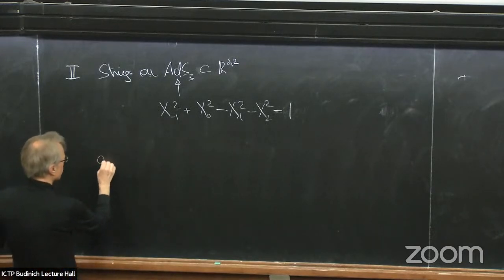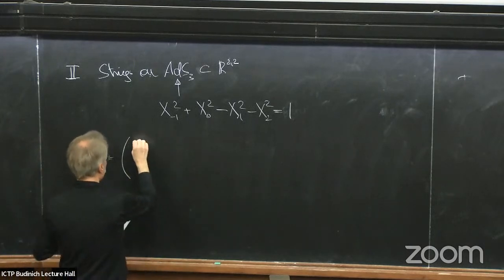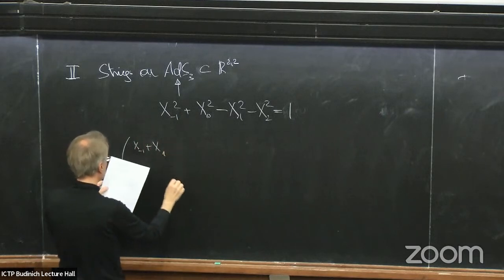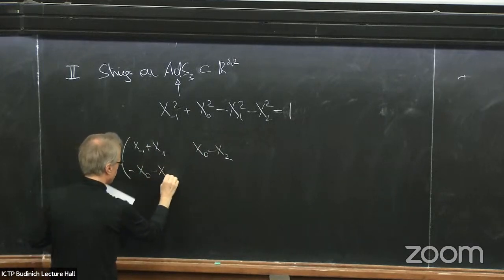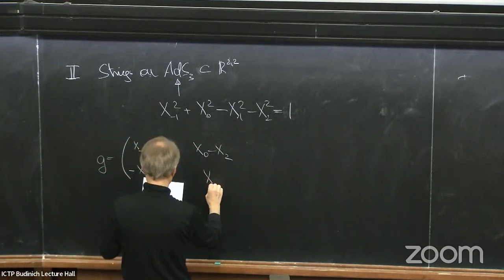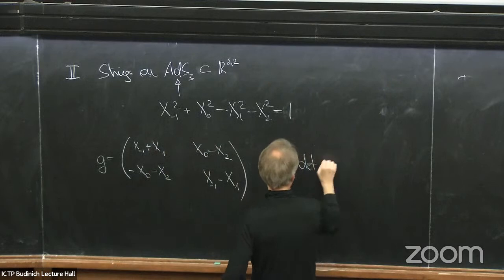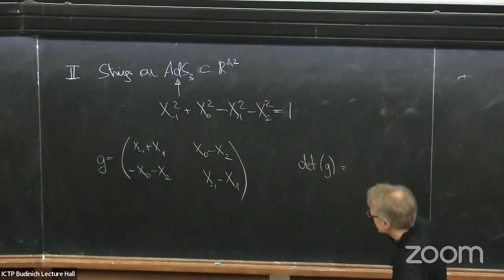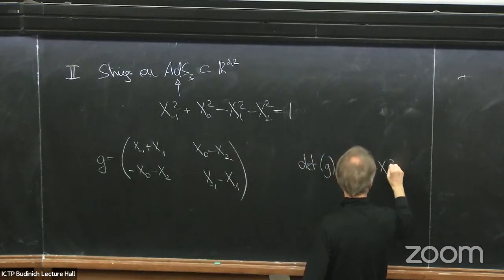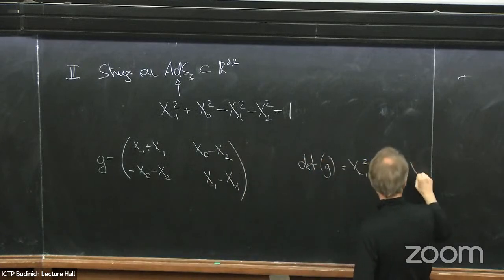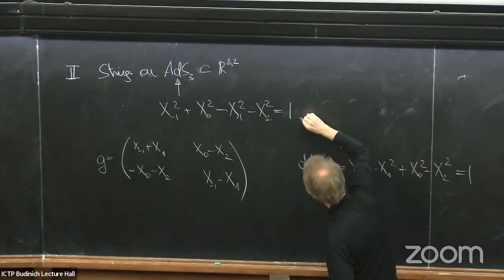If I parameterize my group element of SL(2,R) as the matrix with entries x_{-1} + x_1, x_0 - x_2, -x_0 - x_2, and x_{-1} - x_1, then the determinant of g is x_{-1}^2 - x_1^2 + x_0^2 - x_2^2. So the determinant equal to 1 is exactly this condition.